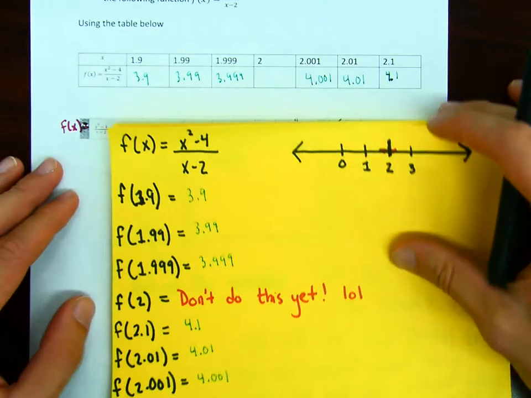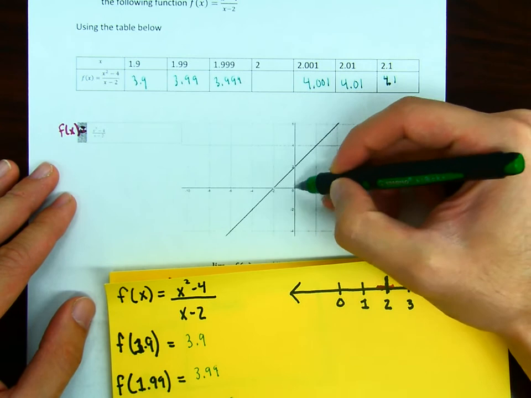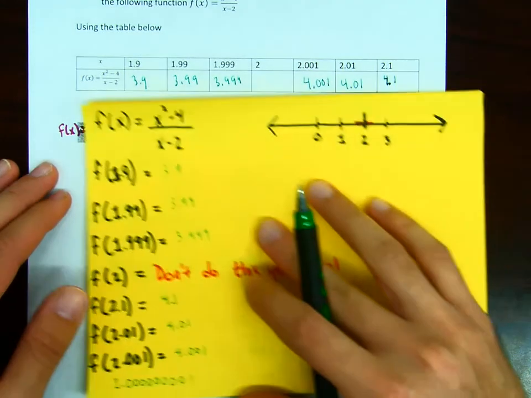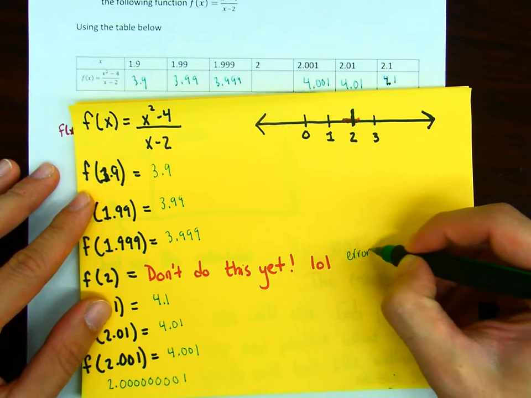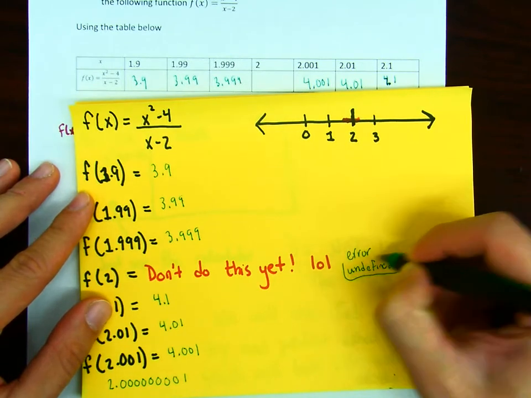notice that for the graph, doesn't it look like a closed circle over here? You think that f of 2 is 4, but when you plug in 2, notice that you get error, or it should be undefined, okay? And that is true.